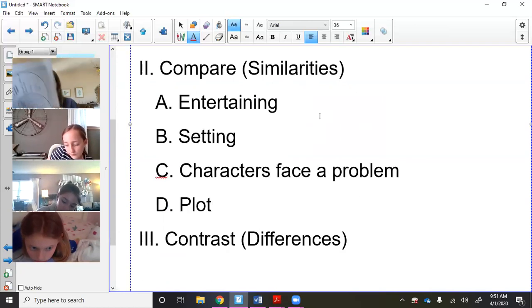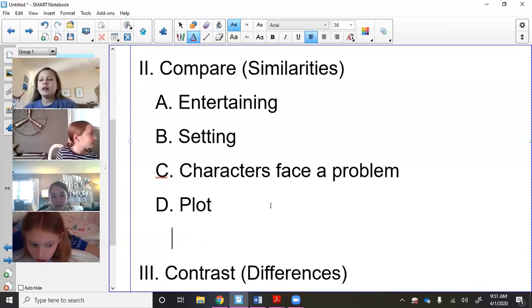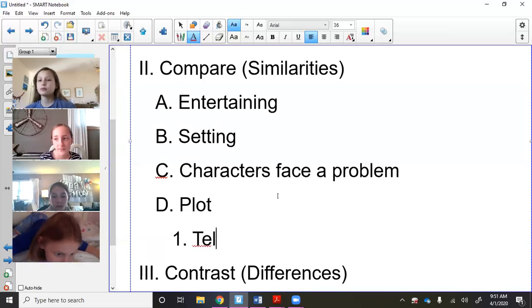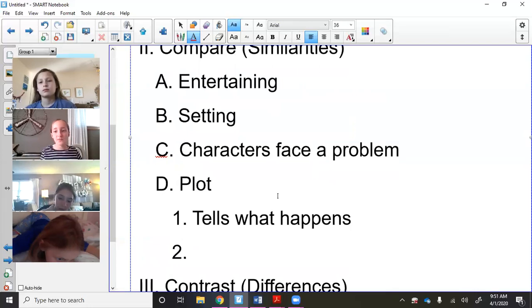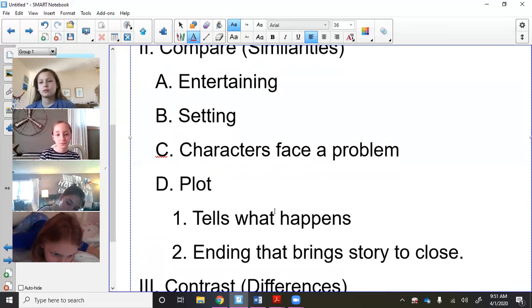If you wanted to be more specific in what you're doing, you could do something like: plot tells what happens, ending that brings story to close. Okay.